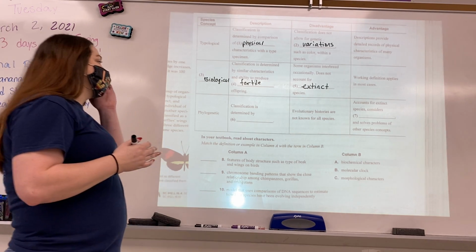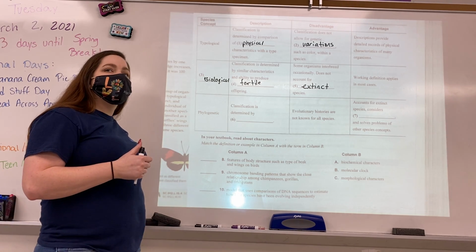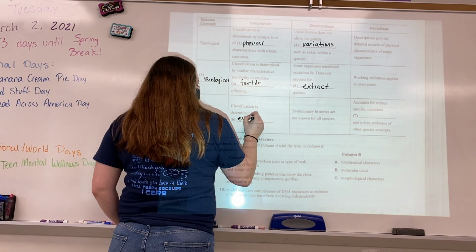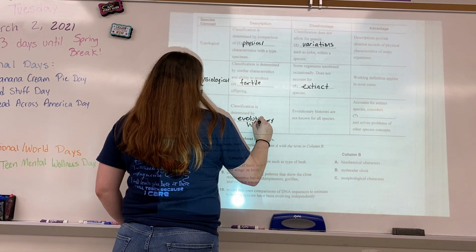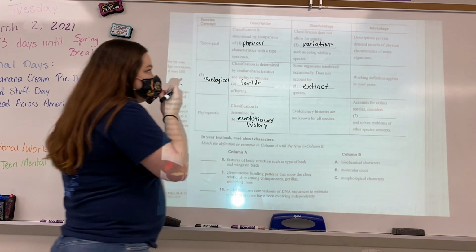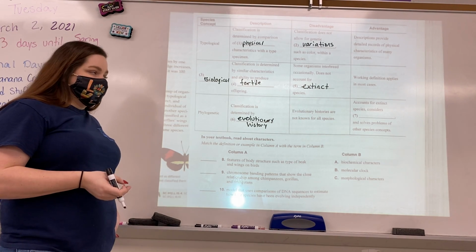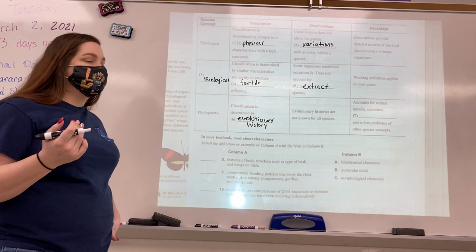And then finally, we have our phylogenetic classification, and that is determined by evolutionary history. The disadvantage is that evolutionary histories are not known for all species, because we still don't even know if we have all the species.